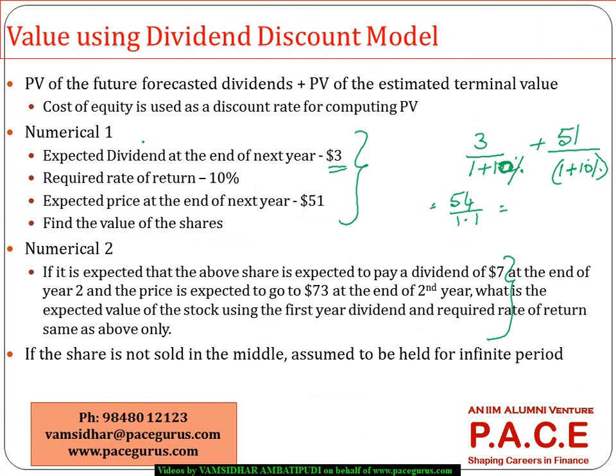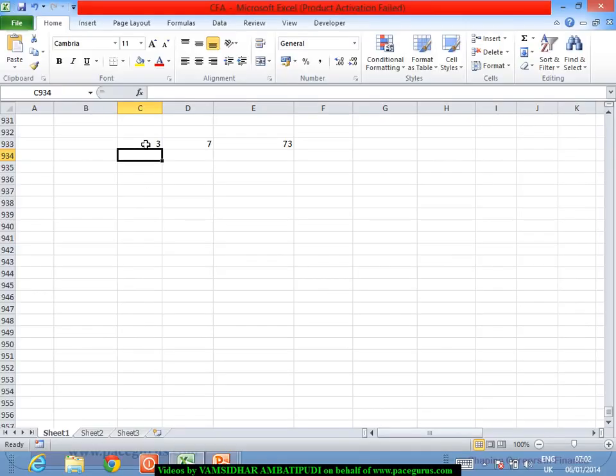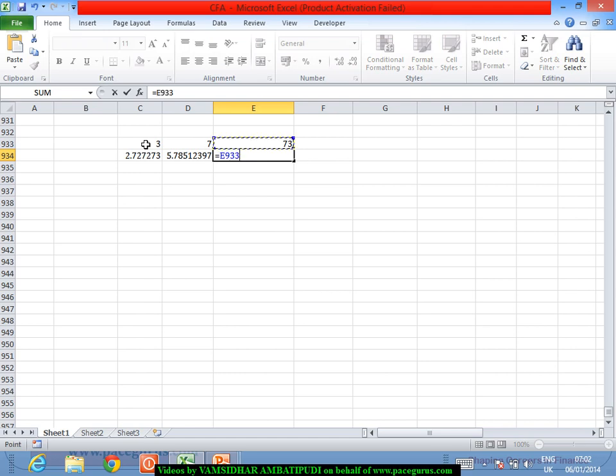What is the expected value of the stock using the first year dividend and required rate of return, same as the above numerical? So this has to be discounted by 1 year, so it is divided by 1.1. This cash flow 7 is coming at the end of 2 years, so discounted by 1.1 square. 73 is also at the end of 2 years, so discounted by 1.1 square.